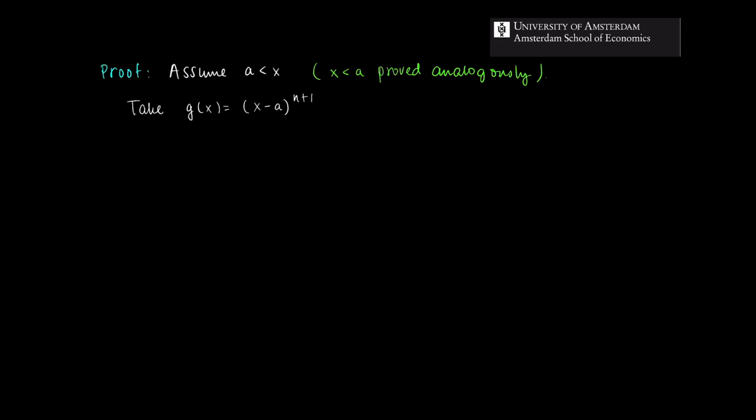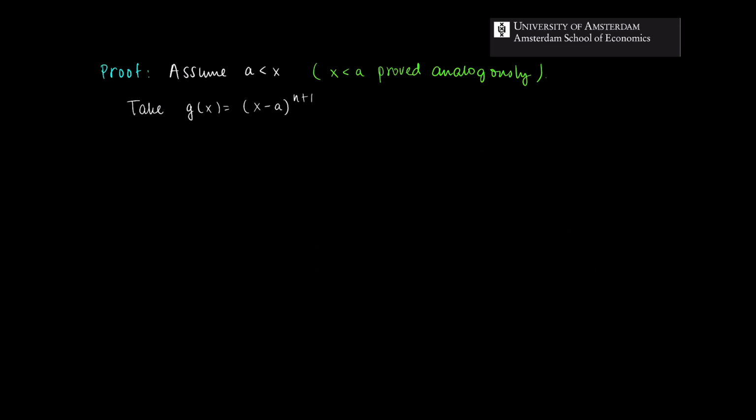So what does the proof look like? We're going to use Cauchy's mean value theorem. So first assume that a is smaller than x. If x is smaller than a, the proof is analogous. So it's almost the same, so you should try it yourself. Now, take g of x equal to (x minus a) to the power n plus 1. This means that g has a lot of derivatives.